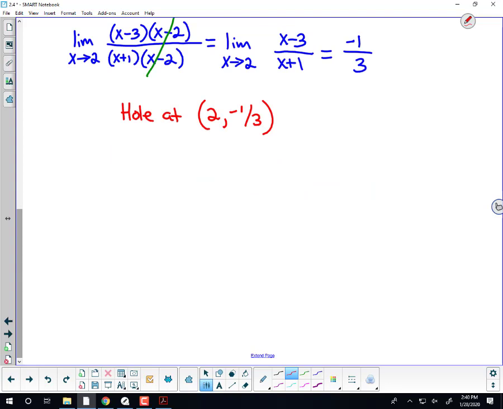We're going to compute the same function. We're going to compute the limit as x approaches -1. Well, since we already factored it, we'll just leave it like this.